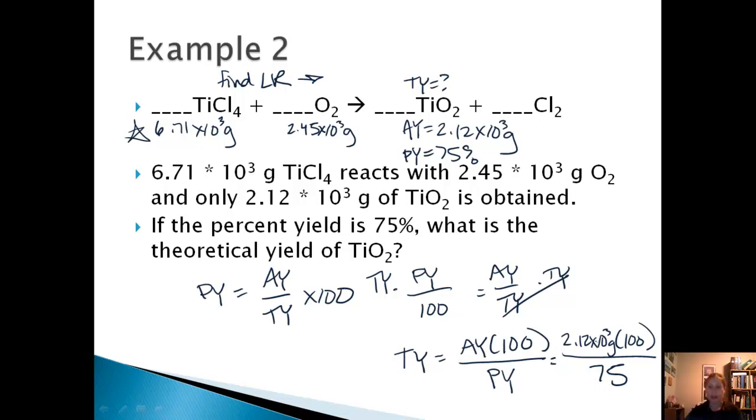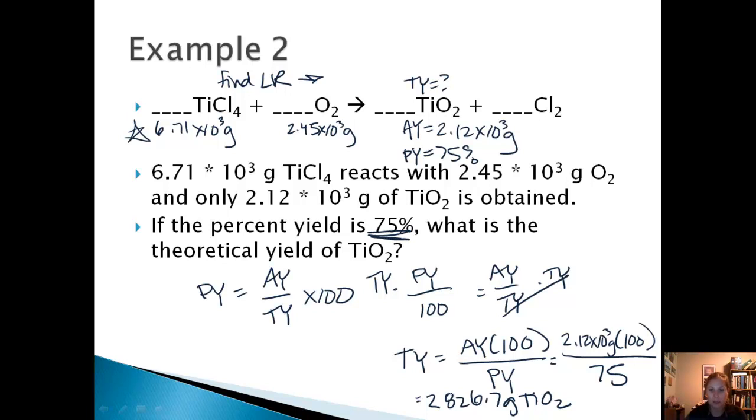So 2.12 times 10 to the third times 100 divided by 75, 2,826.7. And that's grams of TiO2. Significant figure-wise, I guess we would probably go with 2 here.